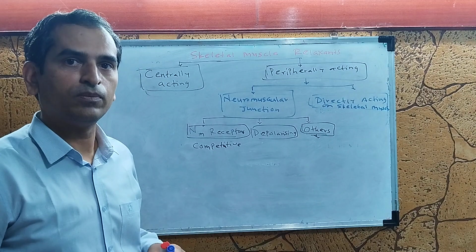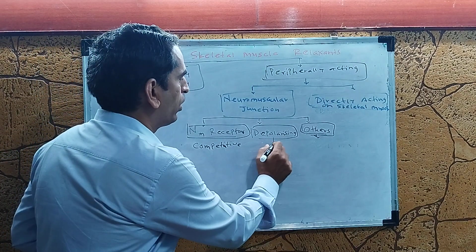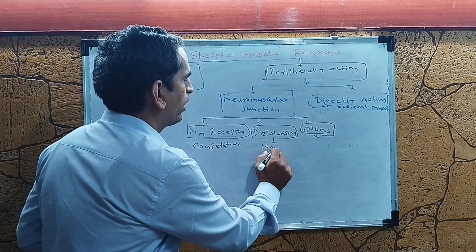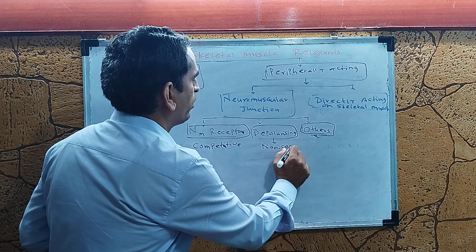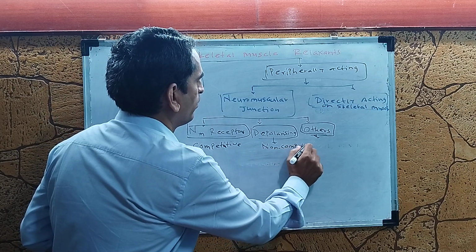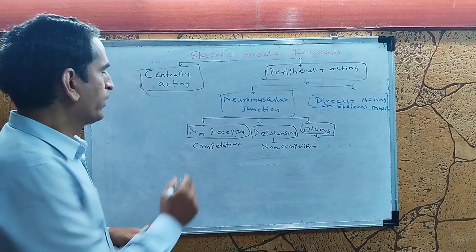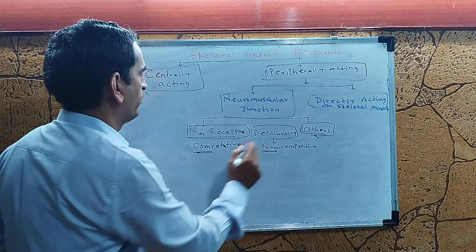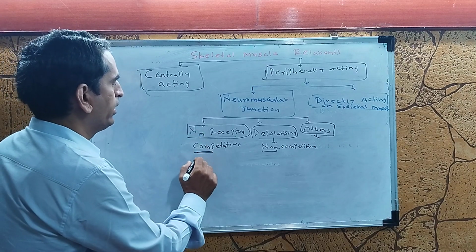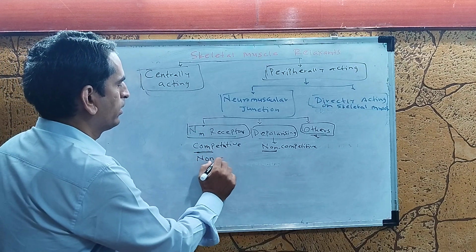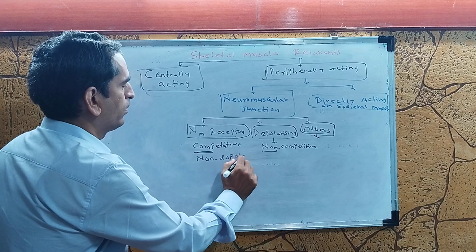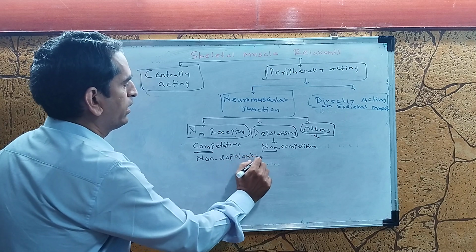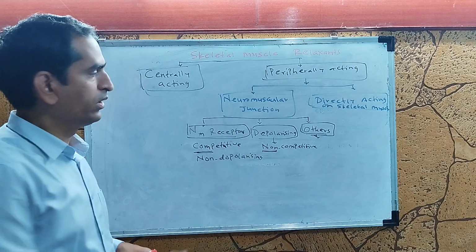Competitive type of blockers, whereas the non-depolarizing drugs are called the non-competitive blocker. So remember, these are competitive, these are non-competitive. These are called non-depolarizing, whereas these are called depolarizing.